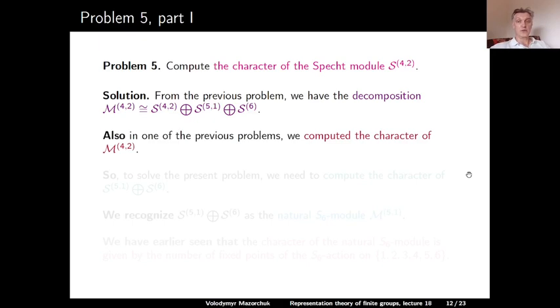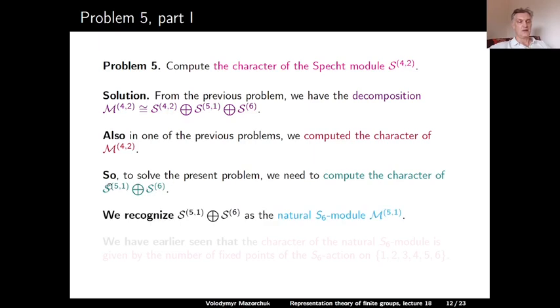Also, we have already computed the character of the permutation module M^(4,2). So, to compute the character of the Specht module S^(4,2), we need to compute the character of the complement of S^(4,2) in the permutation module M^(4,2). Namely, we need to compute the character of the direct sum of S^(5,1) and S^(6).